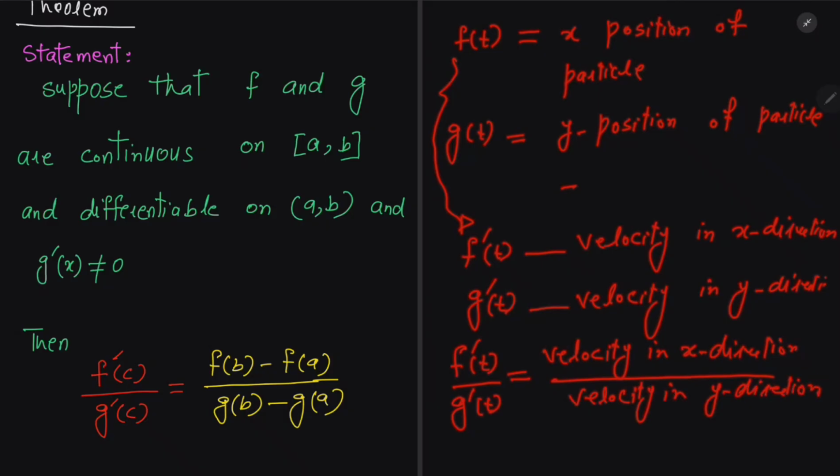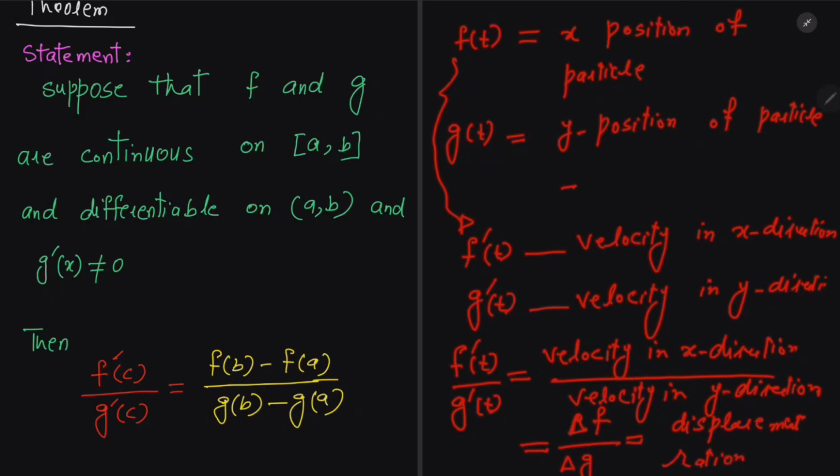The theorem says that this will be equal to delta f divided by delta g. Delta f is the displacement in the x direction, so this is the displacement ratio, I would say.